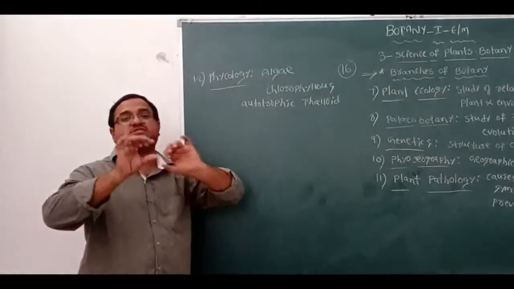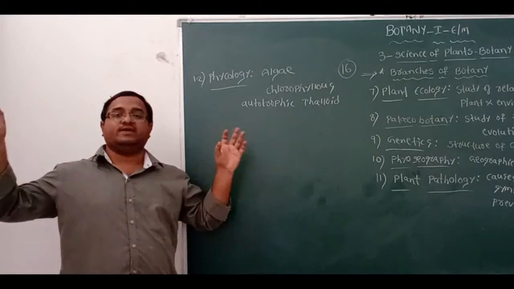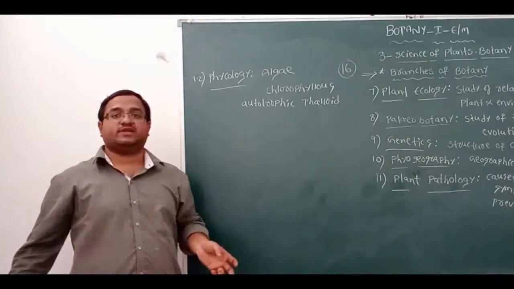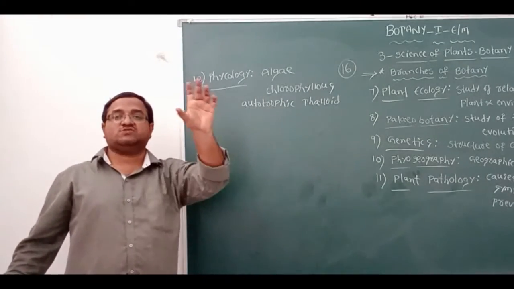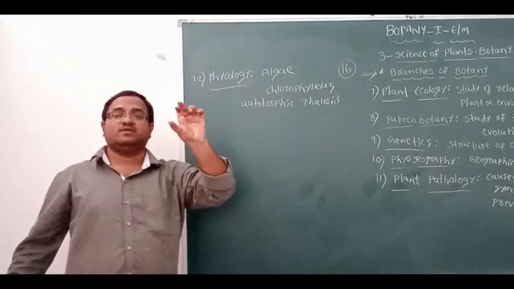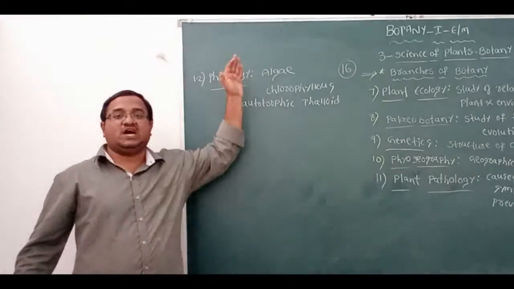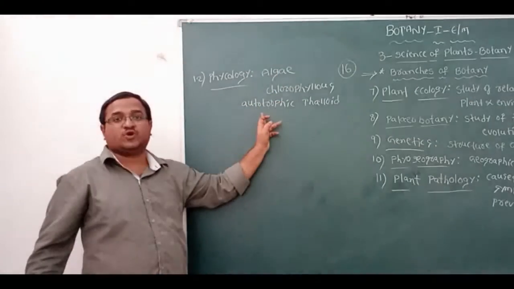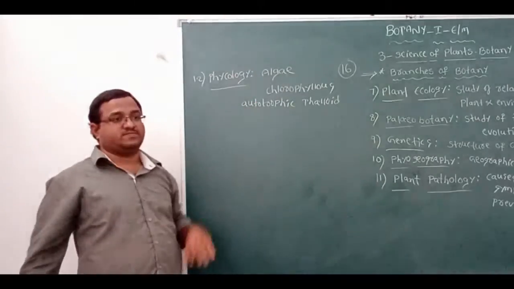Thallus means just the vegetative body. The plant body is not differentiated into distinct parts. There are no proper roots, stem or leaves, just a vegetative body, which is called thallus. So the study of algae, which are chlorophyllous, autotrophic thallus, is called phycology.